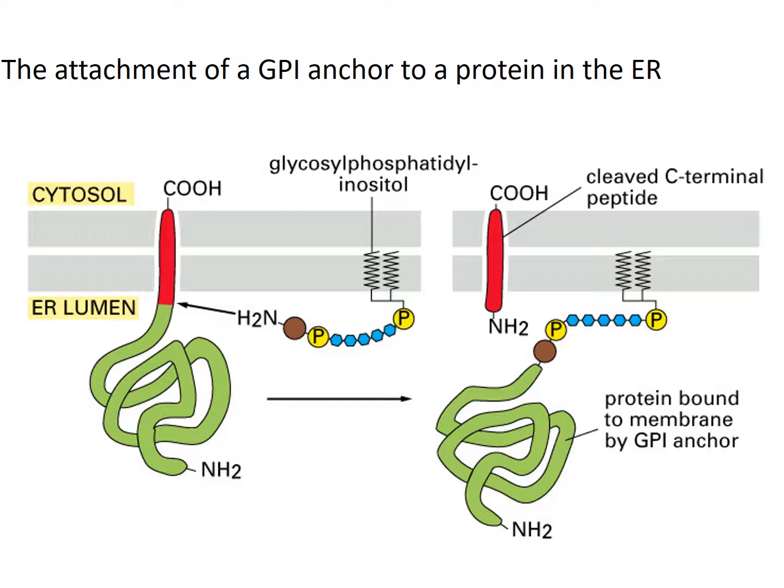This is called a GPI anchor, glycosyl phosphatidylinositol, GPI. And this is a hallmark of the proteins that are found in these lipid rafts. Not all proteins are GPI anchored, but a lot of them are found in these lipid rafts here.